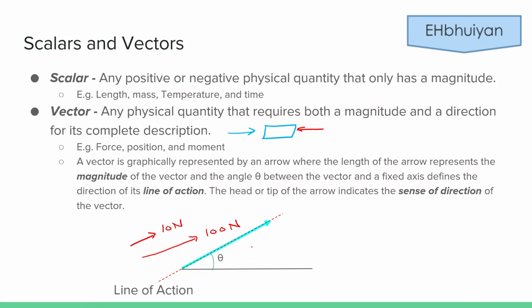A vector has the magnitude, but it also has sense. Sense is another way of saying the vector's direction. The line on which the arrow lies, this dashed red line, is called the line of action.